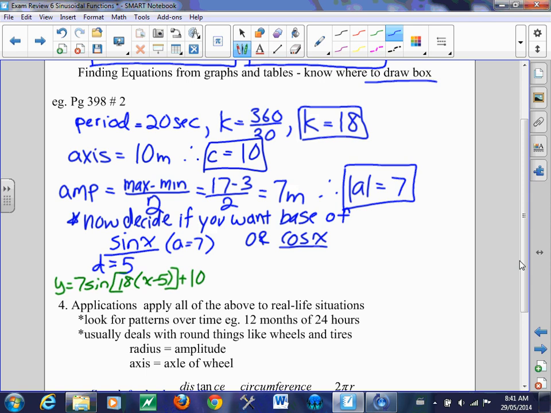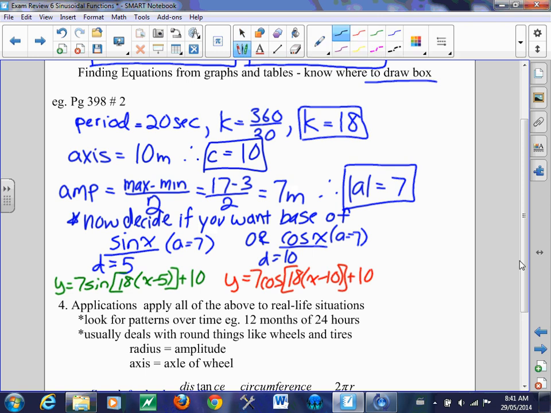I would take a look at that and say probably d equals 10. So for that one, d equals 10, and a is positive in this case, so a equals 7. Okay, so taking a look, you'd come up with this equation and you would go y equals 7 cos bracket 18 times x minus 10, closing brackets, plus 10.